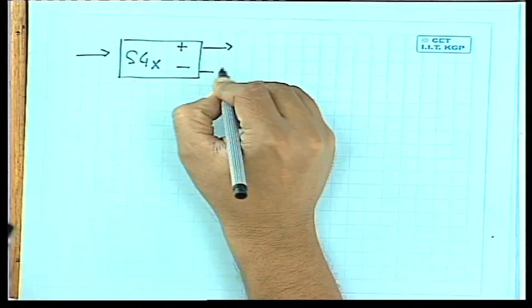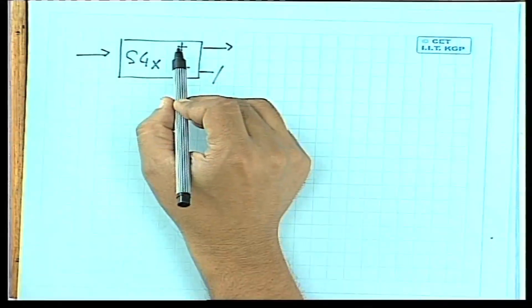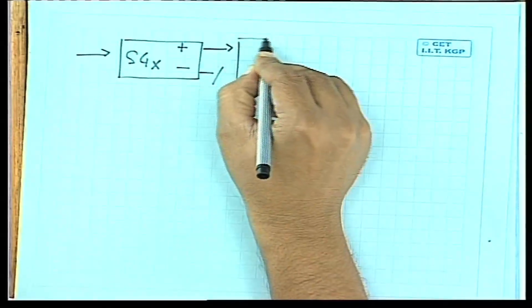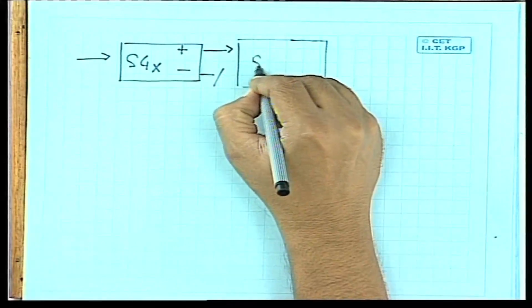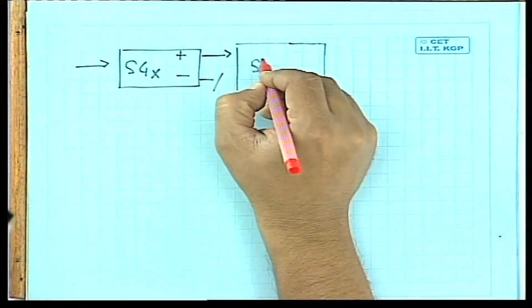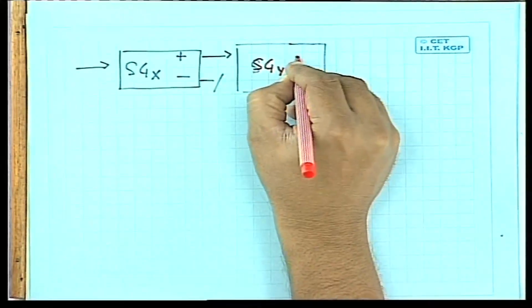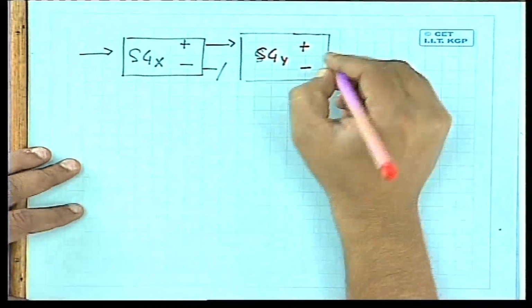I disregard the part which comes out with spin minus along the x-axis, and I only keep the part which has spin plus. Now I send this through a Stern-Gerlach apparatus along the y-axis. There are again two possibilities. It could have either spin plus or spin minus.